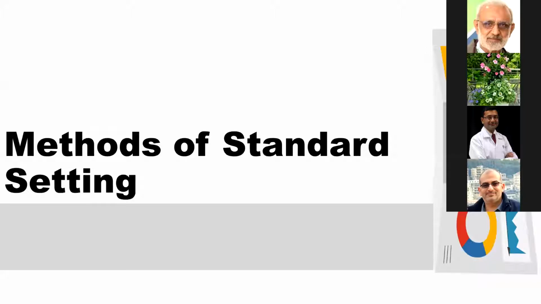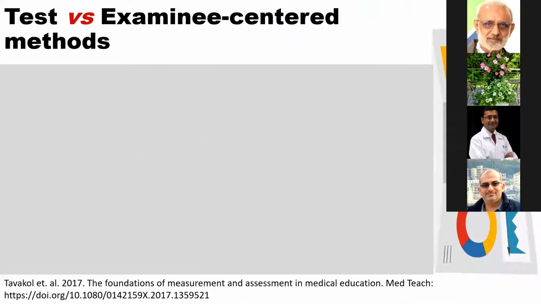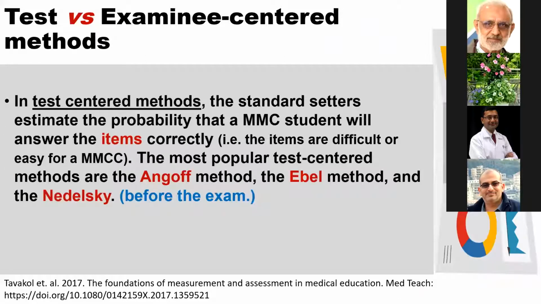Now coming to methods of standard setting, they can be divided into two groups: test-centered, for example, Angoff, and examinee-centered, for example, borderline regression. In the test-centered methods, the standard setters estimate the probability that a minimally competent student will answer the items correctly.